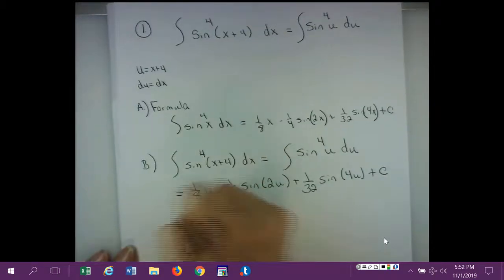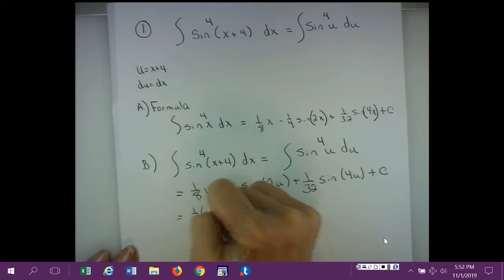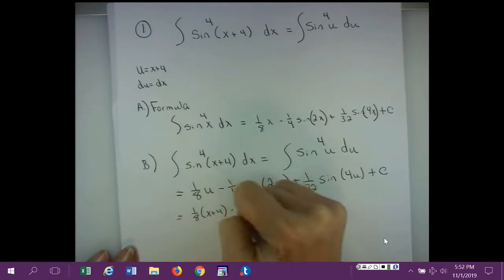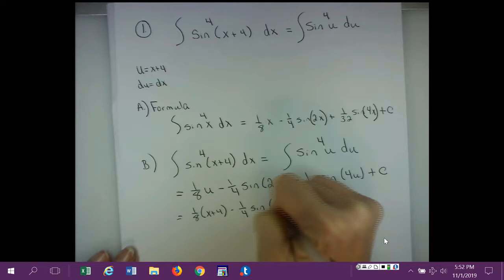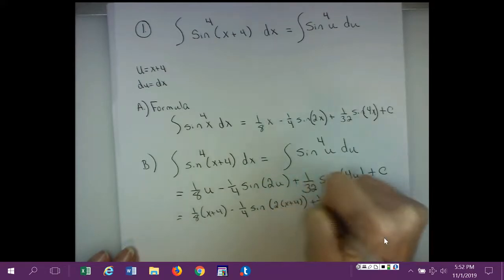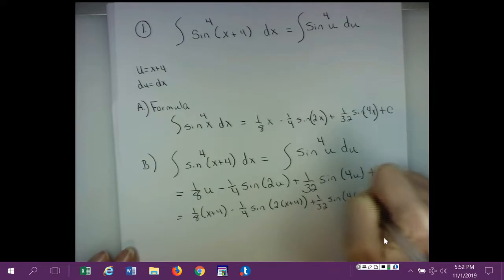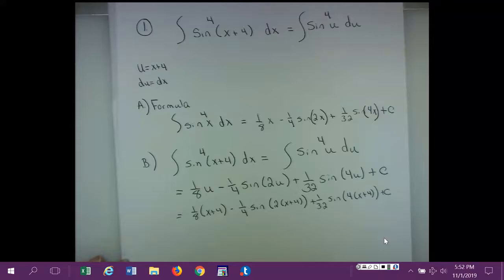Then you go back and say, well, that's 1/8 times x plus 4 minus 1/4 sine of 2 times x plus 4 plus 1/32 sine of 4 times x plus 4 plus c. And you do want to kind of multiply everything out and collect like terms if possible.